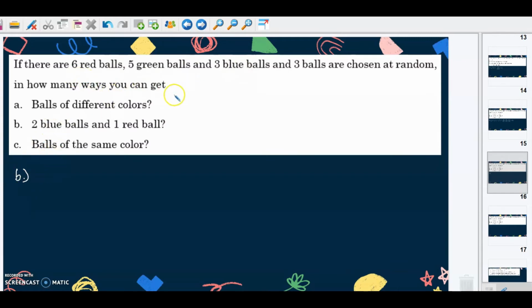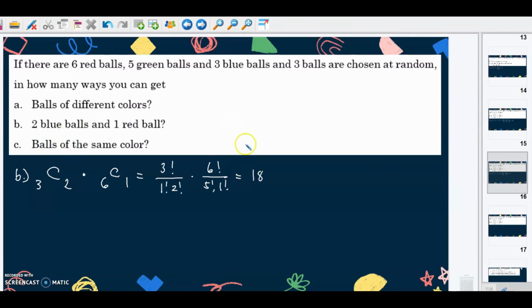So since we have 3 blue balls, that would be the combination of 3 taken 2. We multiply these 2. So since there are 6 red balls and we're just going to get 1, that will be equal to the combination of 6 taken 1. So this is equal to 3 factorial over 1 factorial 2 factorial times 6 factorial over 5 factorial 1 factorial, which we can further simplify to 18.